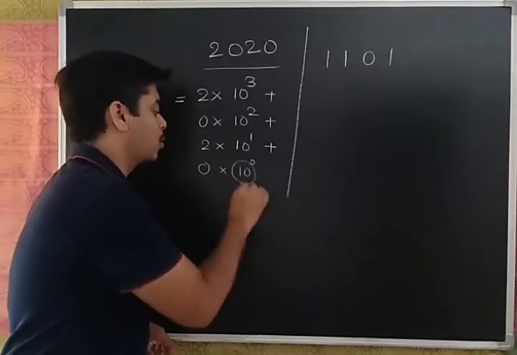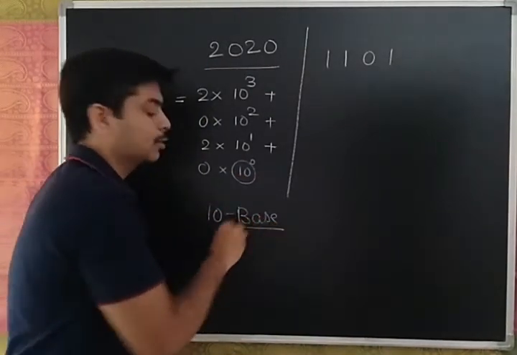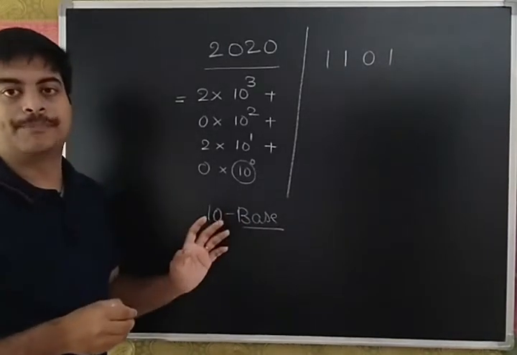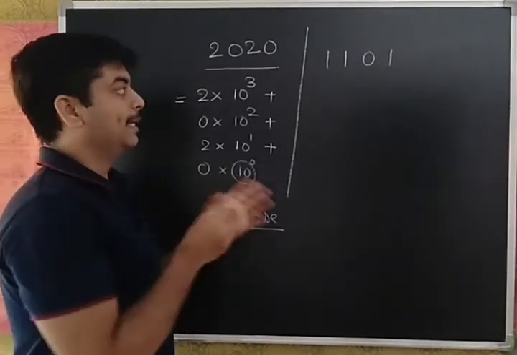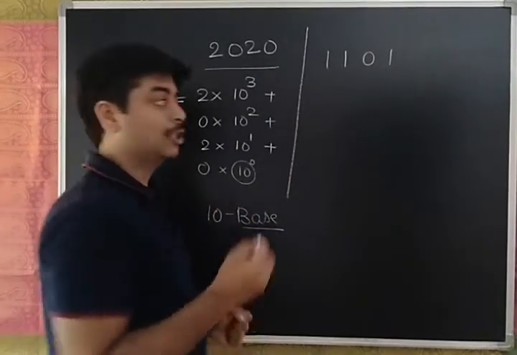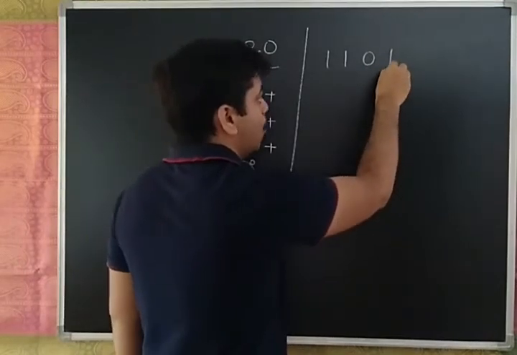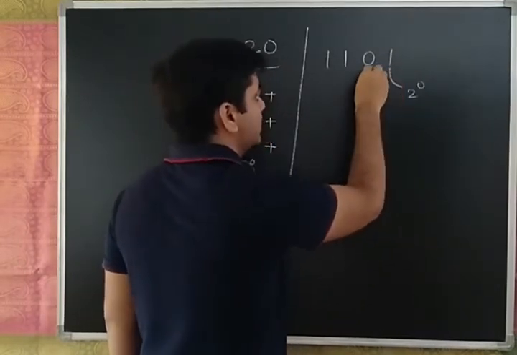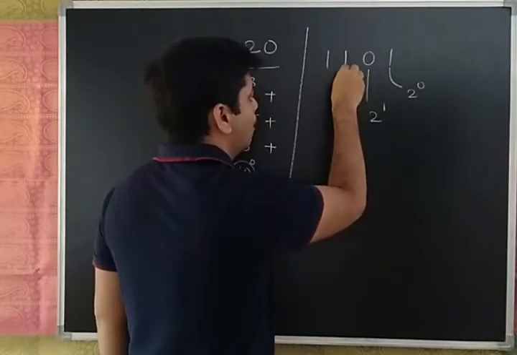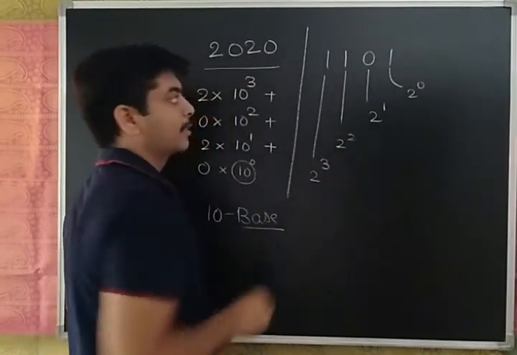The number 10 is called the base of the decimal system. Similarly, the base of the binary system is the number 2. So to get this number, it is 1 into 2 power 0, 0 into 2 power 1, 1 into 2 square, and once again 1 into 2 cube.